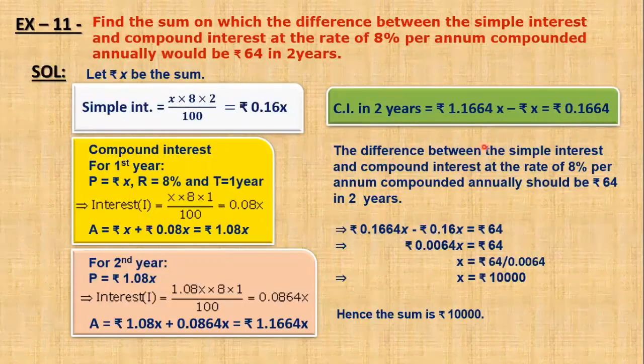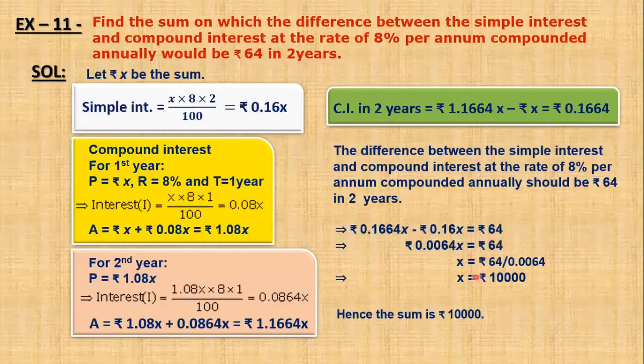Now, in the question it is given the difference between the simple interest and the compound interest at the rate 8% per annum compounded annually should be rupees 64 in 2 years. So, rupees 0.1664 times of x, that is compound interest, minus simple interest rupees 0.16x is equal to rupees 64.